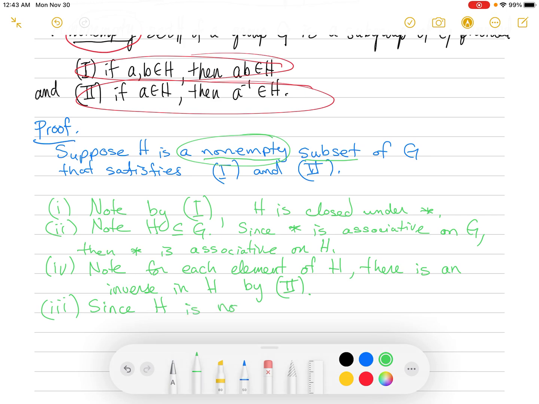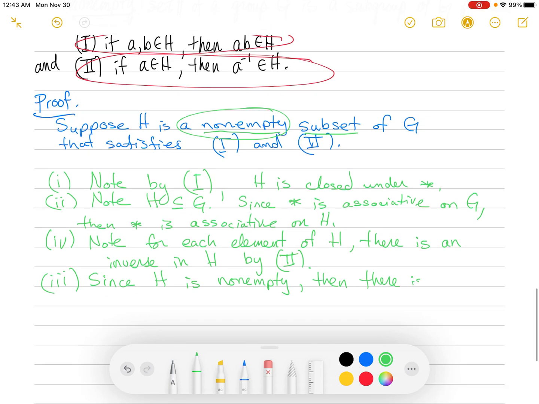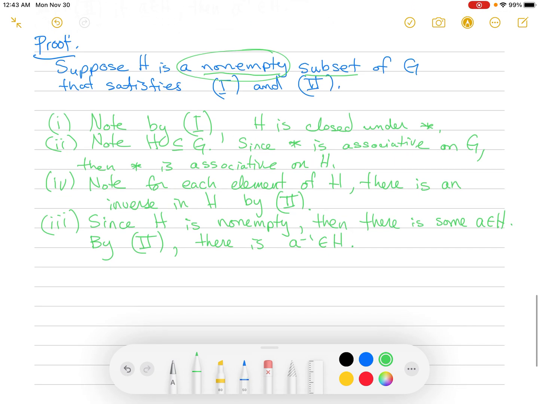So since H is non-empty, then there exists an element, let's call it a, in H. But by 2, a inverse is in H as well.